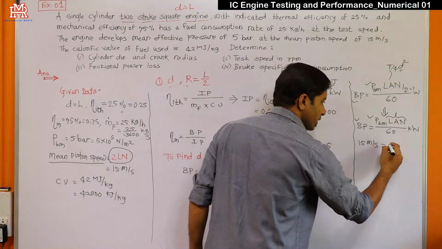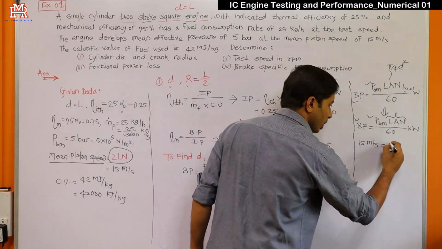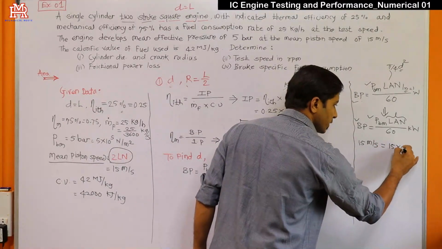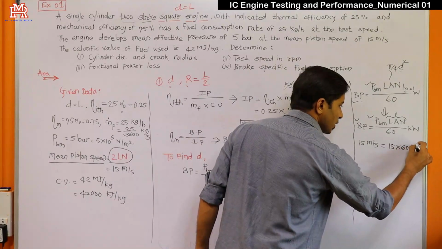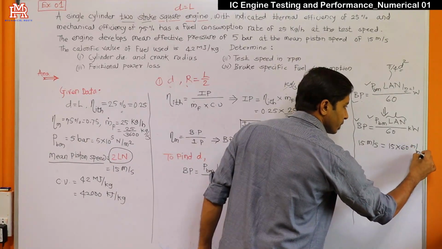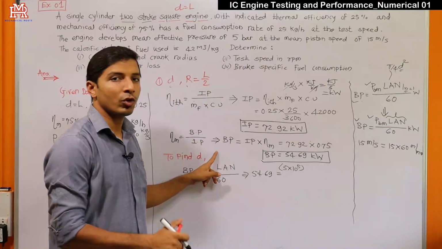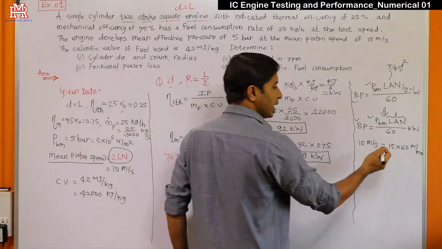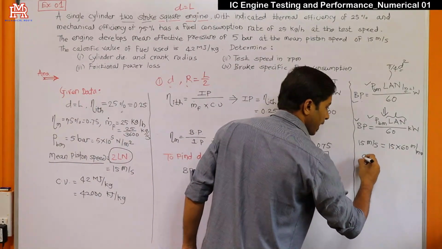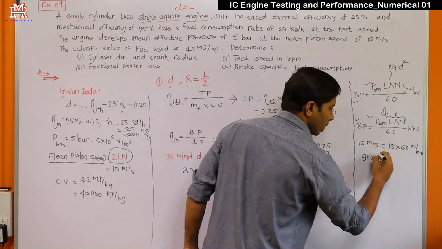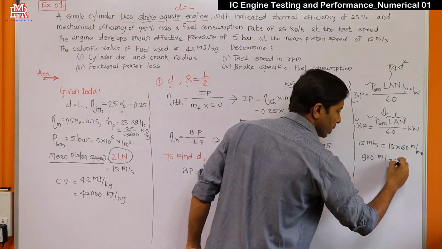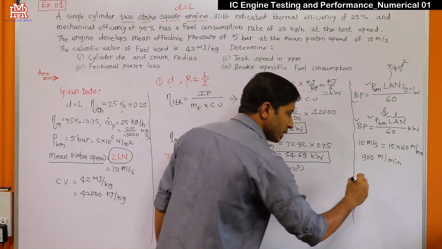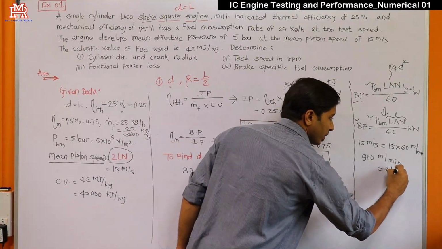So we have to convert this into per minute. So this will become 15 into 60 meters per minute, right? Because N is in revolutions per minute. So we'll get this value, 900 meter per minute. So this is the piston speed, which is equal to 2LN.